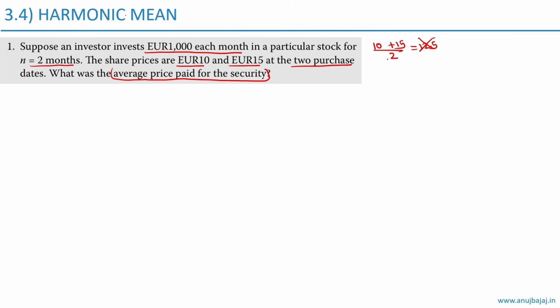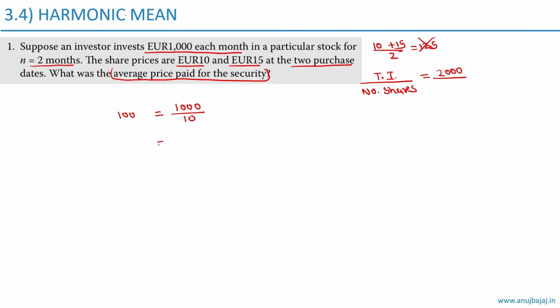The average price simply will be the total investment that we make divided by the number of shares that were purchased. So the total investment is 1000 euros plus 1000 euros, which is 2000 euros, divided by the number of shares. During the first purchase, we invested 1000 euros and the price was 10, so the number of shares we purchased was 100.